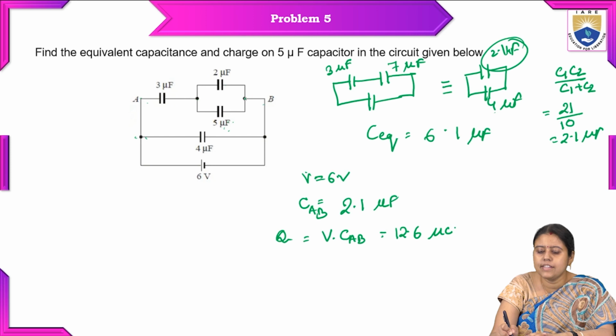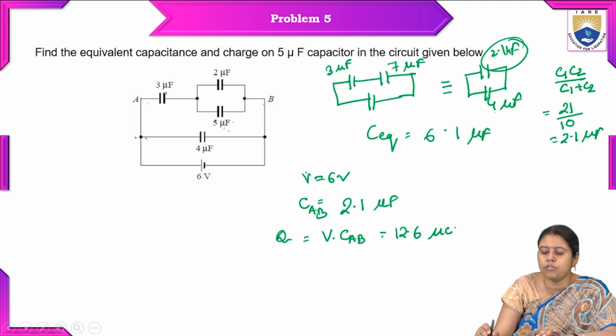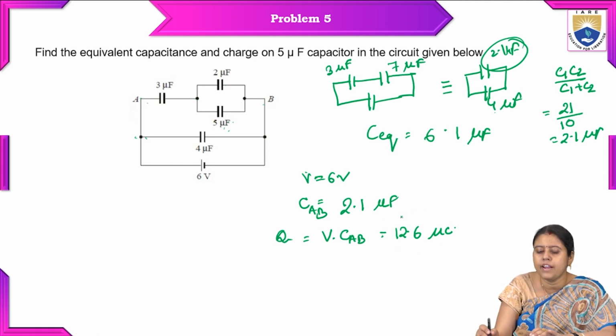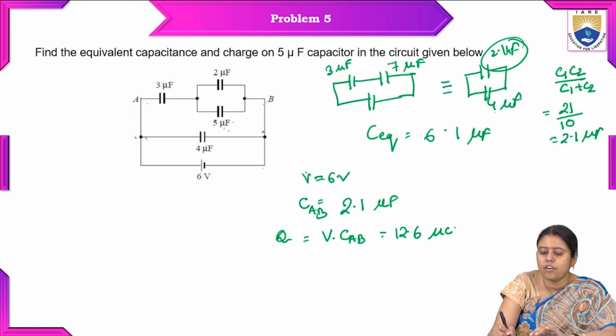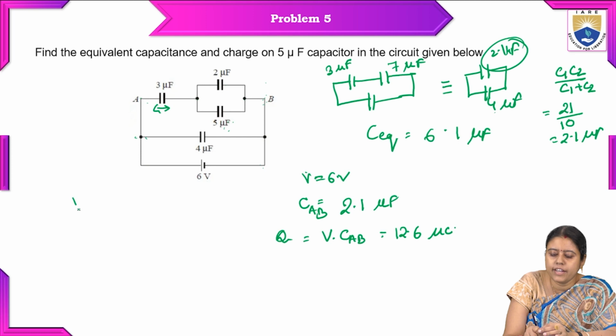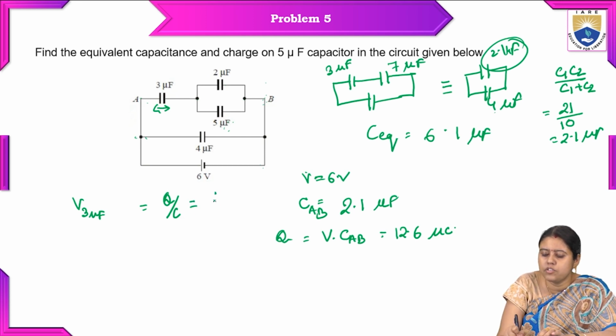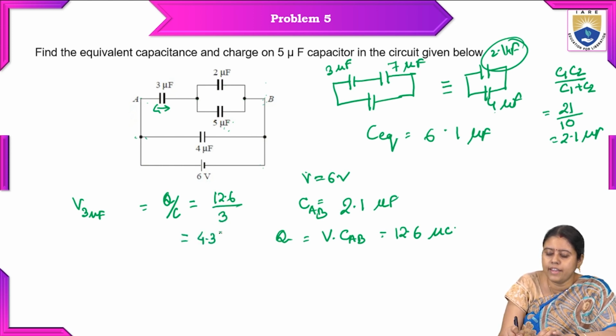But this and this are in series connection. This is the 3 microfarad. We already got 12.6 microcoulomb. We know the total voltage of this line is 6 volt as they are in parallel connection. We have to calculate the voltage across this. So voltage across 3 microfarad is equal to Q by C. Q is 12.6 by 3, so it is coming as 4.2 volt.